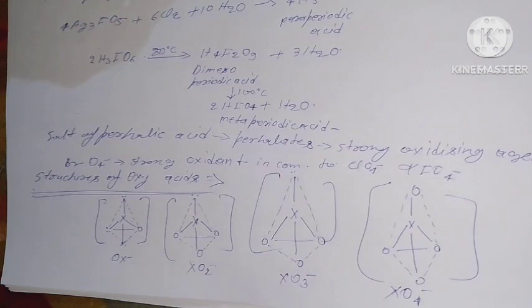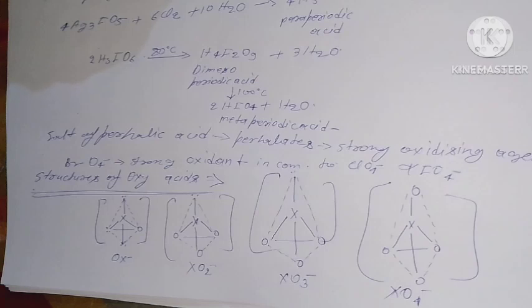The oxyanions are stabilized by strong p pi d pi bonding between full 2p orbitals of oxygen and empty d orbitals of halogens. Chlorine has no d orbitals, hence it cannot form p pi d pi bond.